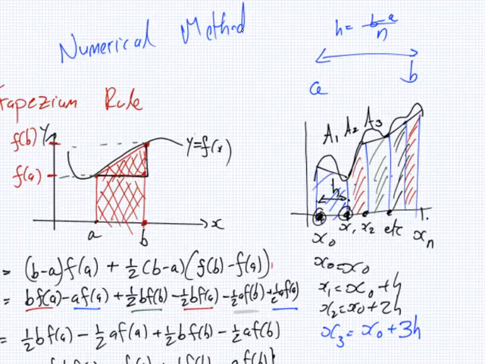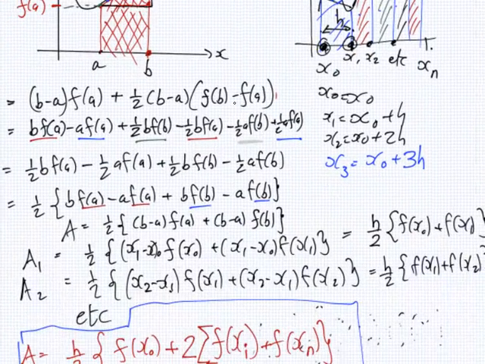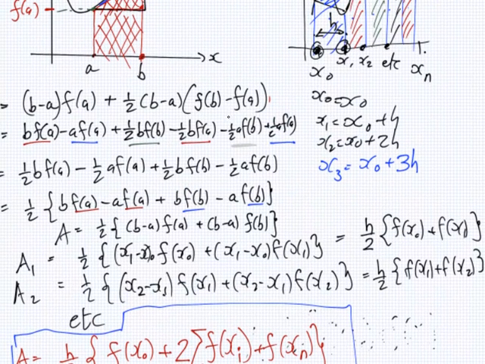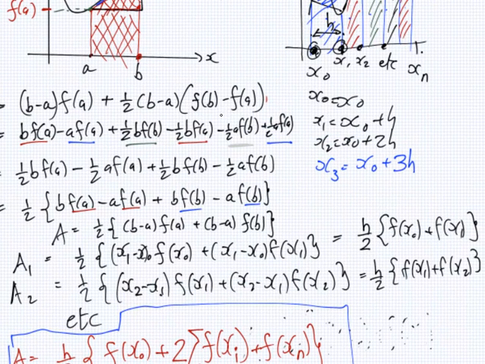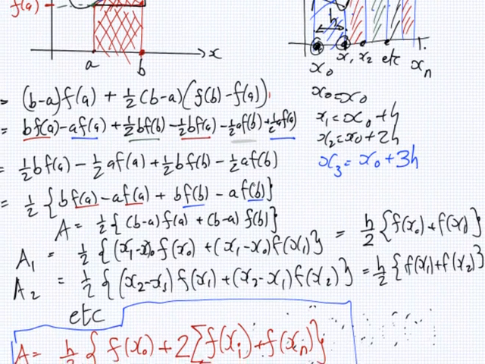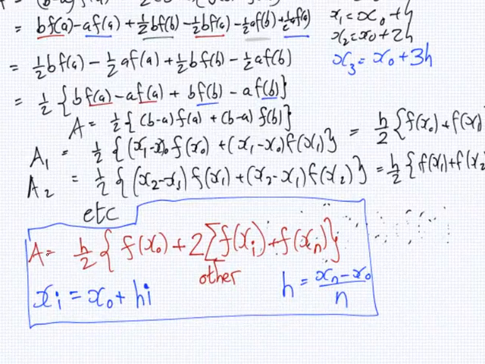Will it give us the exact area? No, but it'll be pretty close. The reason it won't be exact is because some of the area you're going to miss. But it'll be pretty close. Okay, so let me just scroll. In the example, you should really say the area is roughly this.